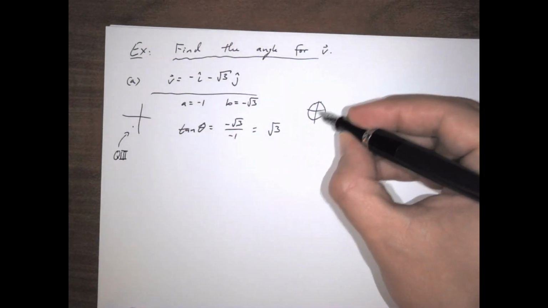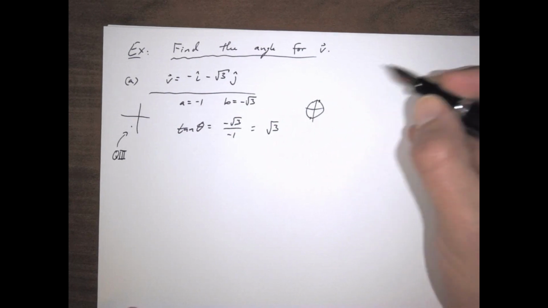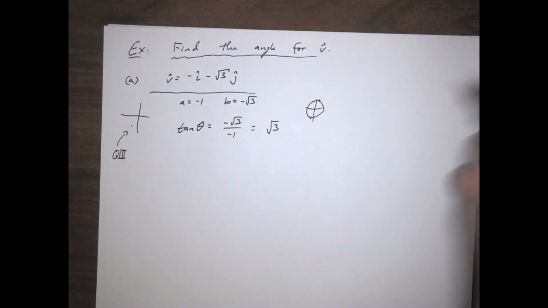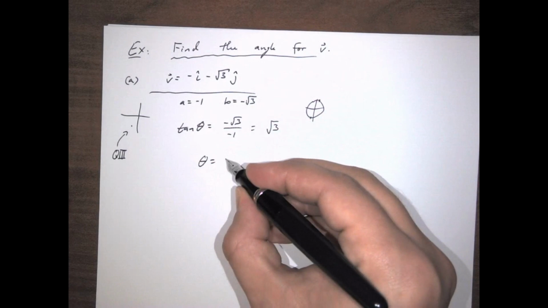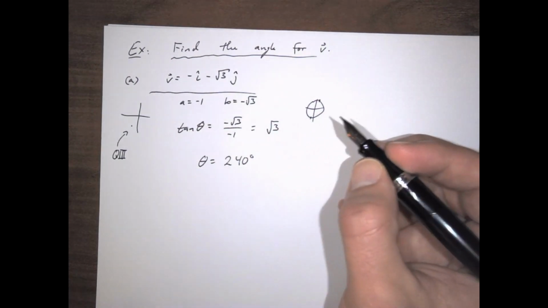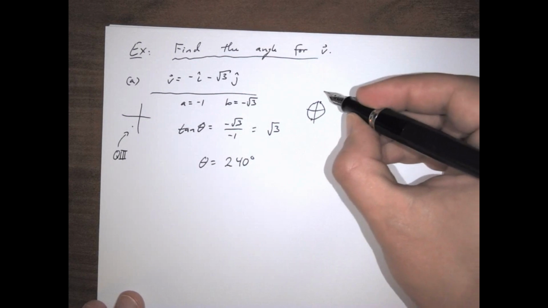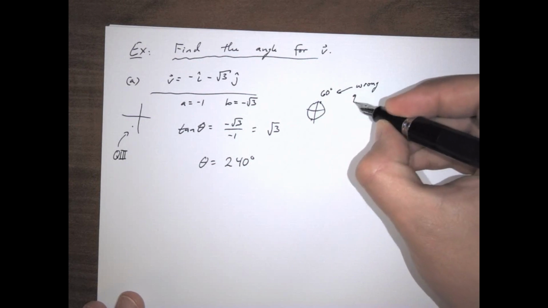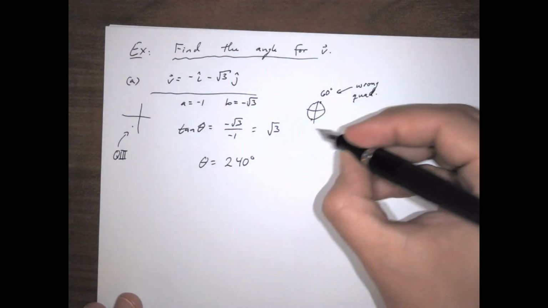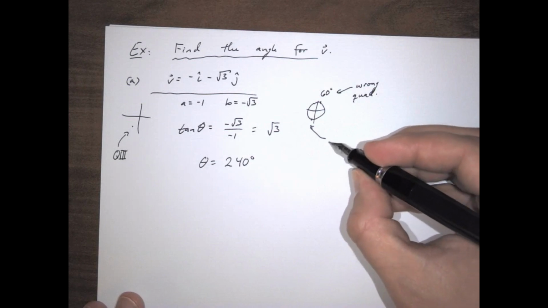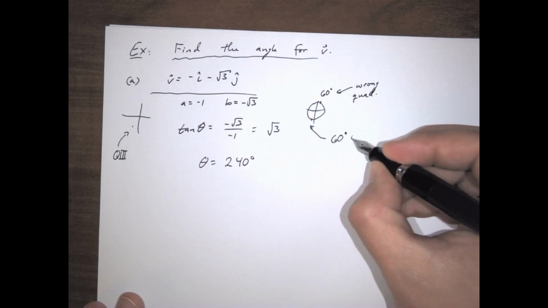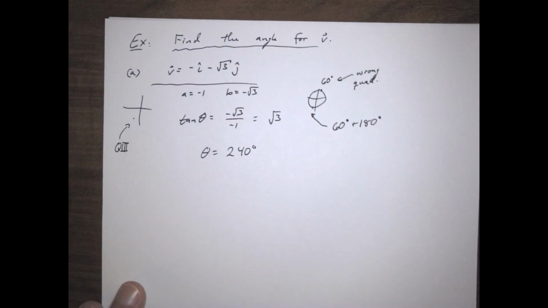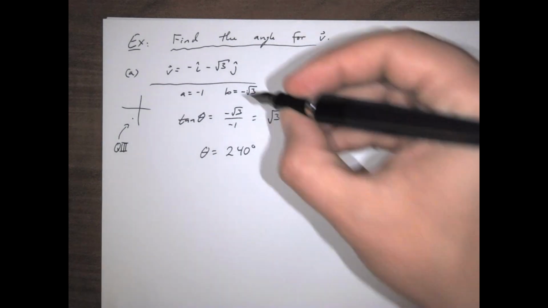So what that means is we don't want the 60-degree angle that we usually would want here. We want the one that's down here, which is 240 degrees. So this would have been 60 degrees, but it's the wrong quadrant. And this is what the inverse tangent would have given us. So this is 60 degrees plus 180. Just to get us to the other side so that we're in the correct quadrant.